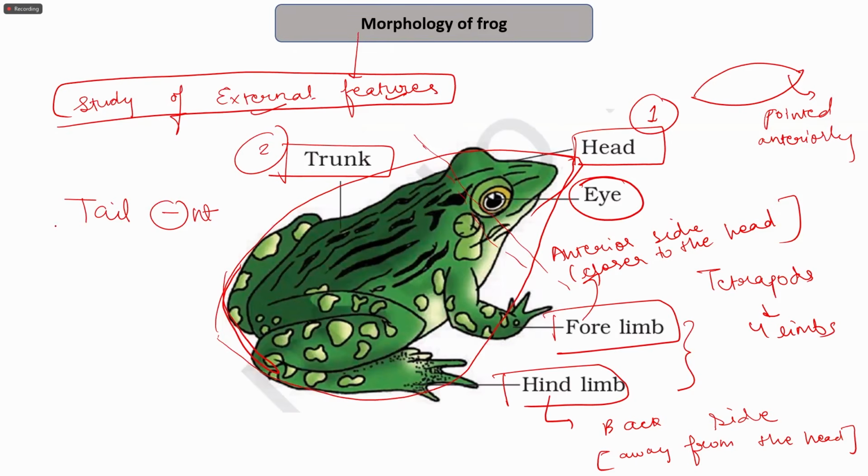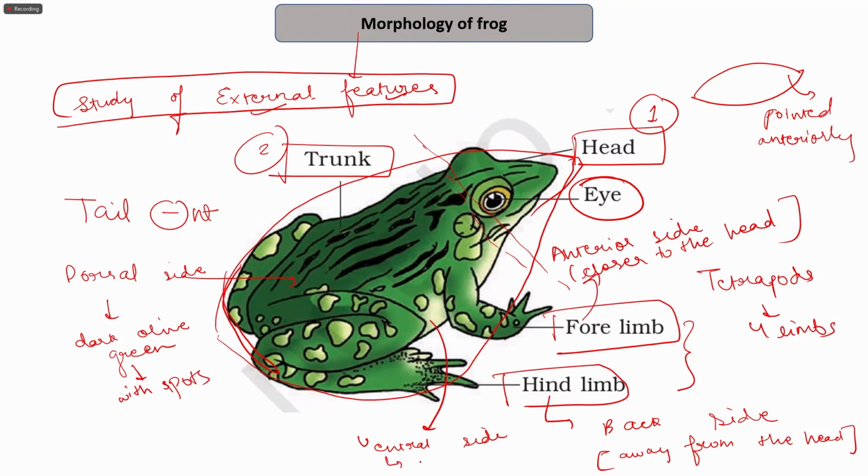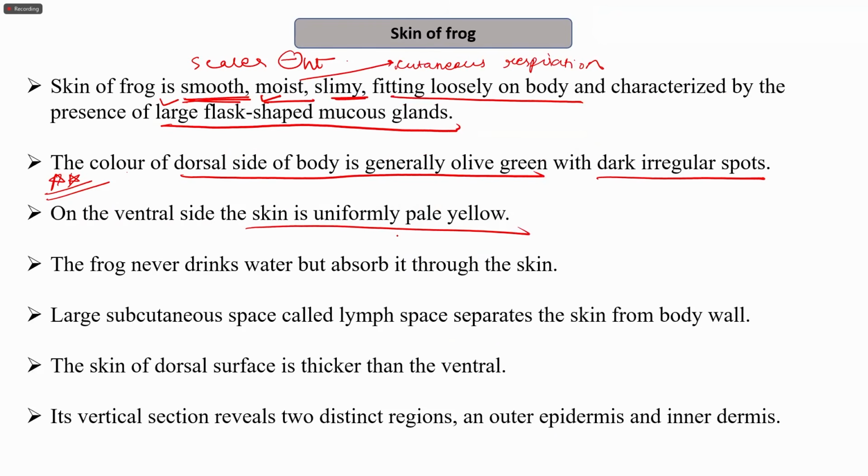So on the dorsal side you can see that the color is dark, while on the ventral side the color is usually uniform and light pale yellow.